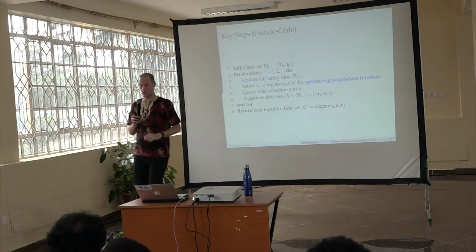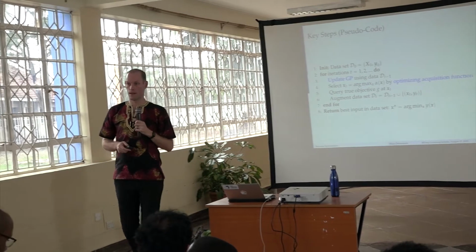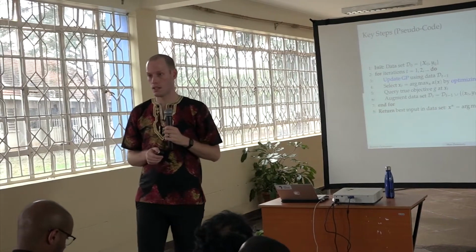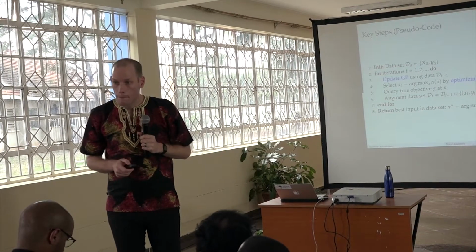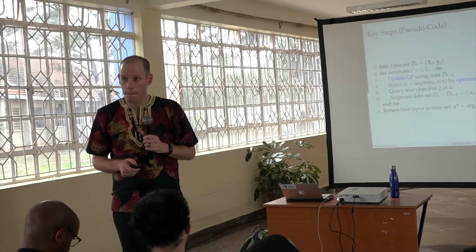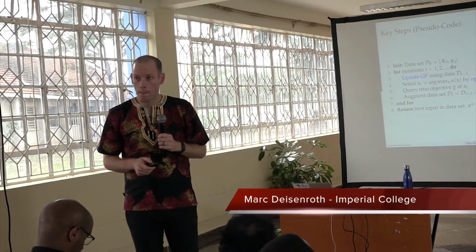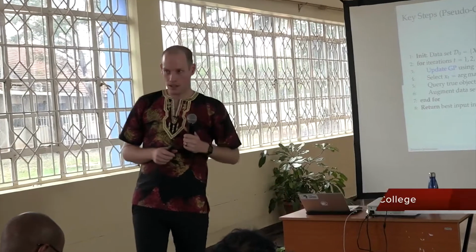Question: this rests on the assumption that the mean and the variance defined by the Gaussian process are somewhat compatible with the objective function that we're trying to optimize. Yes, that's a good question. Let me rephrase: we rely on the assumption that the Gaussian process can actually model the underlying function. That is true.